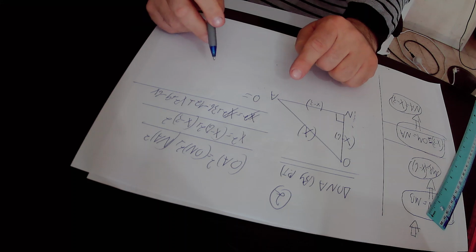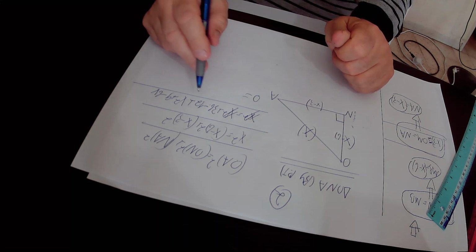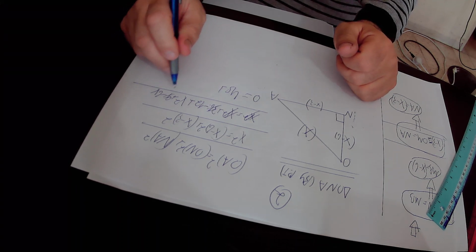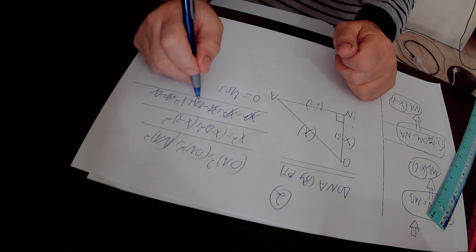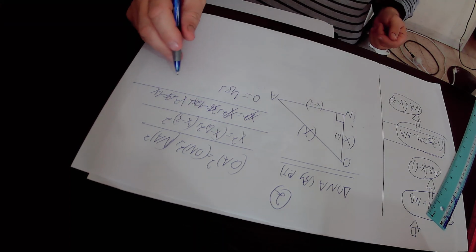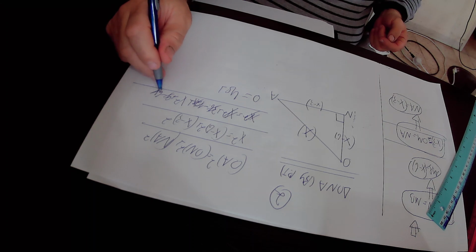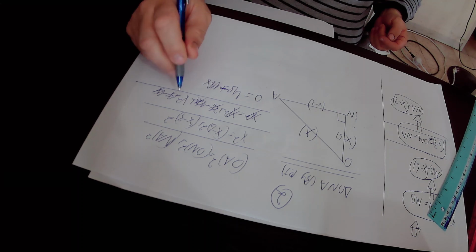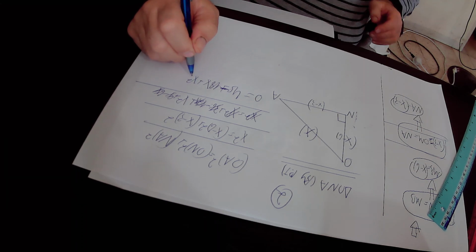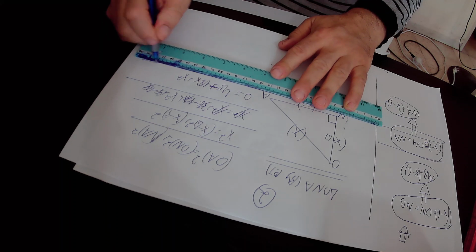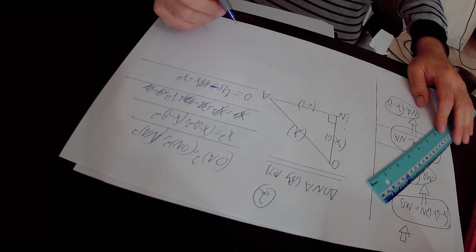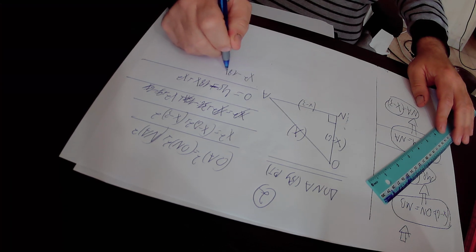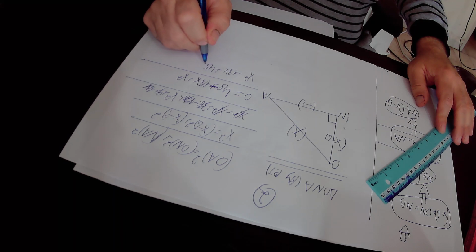That equals, on the other side of the equation, 36 plus 9, that is 45, minus 12x, minus 6x, that is minus 18x, plus x squared. In conclusion, we found out that x squared minus 18x plus 45 equals 0.